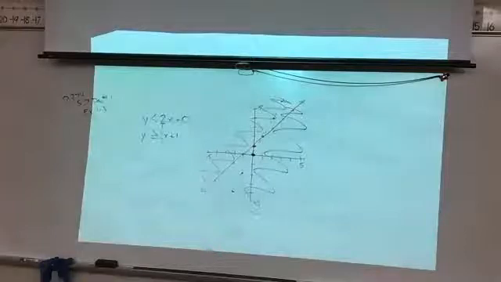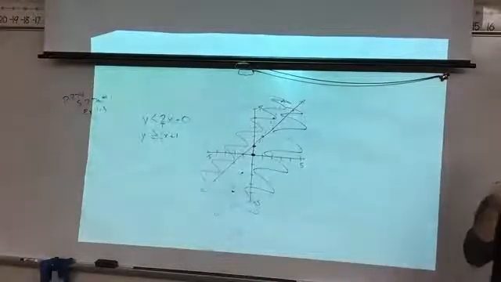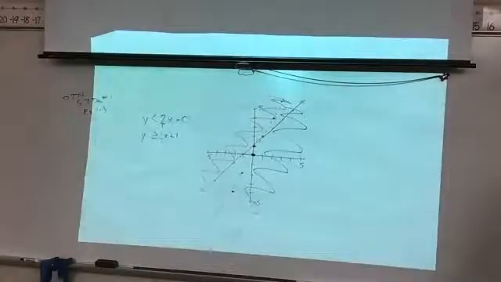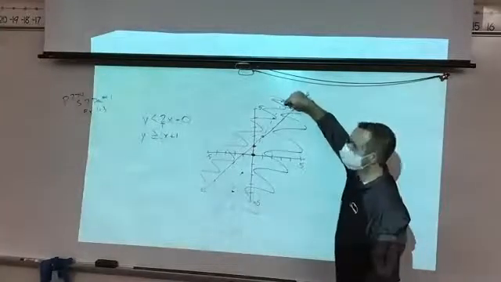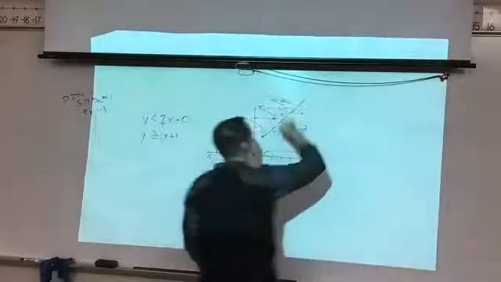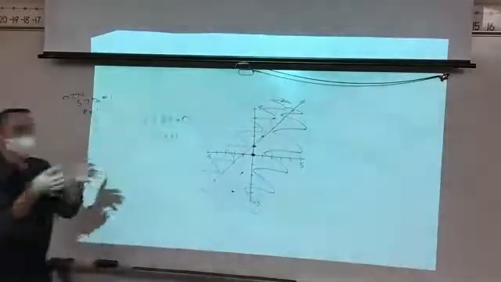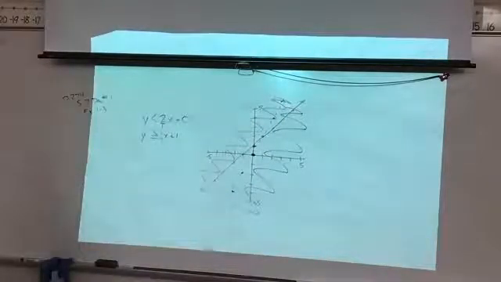Yeah. Would it be in between them? What do you mean in between? Like at the top, in between the 2 lines here? Yeah. So I think you're on the right track. Our solutions are going to be the section where it's shaded with both colors.